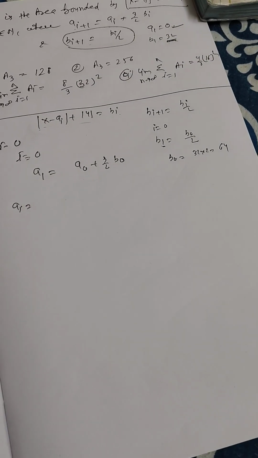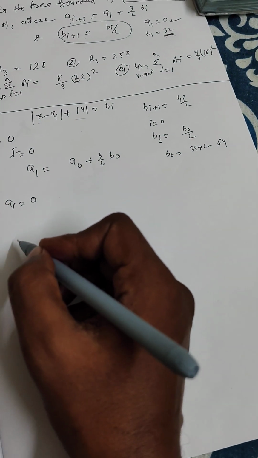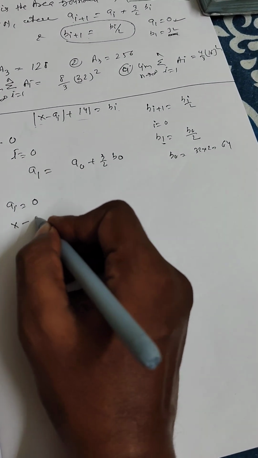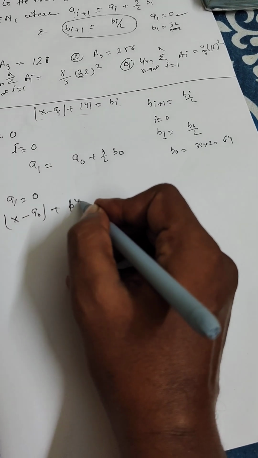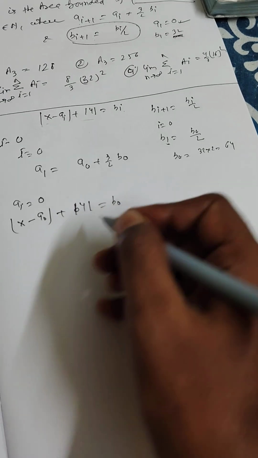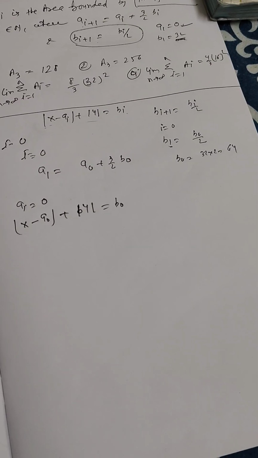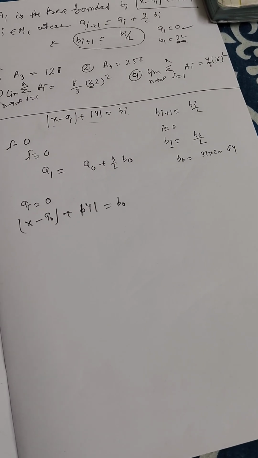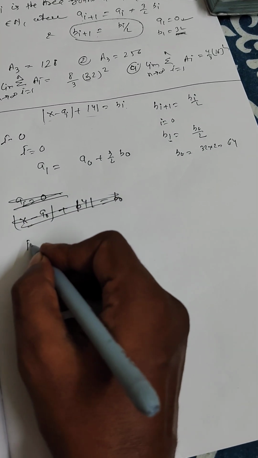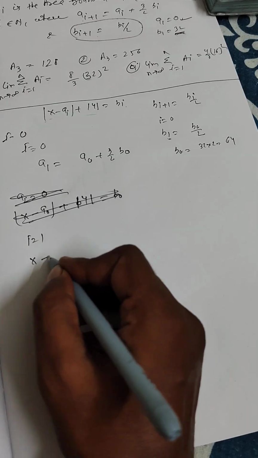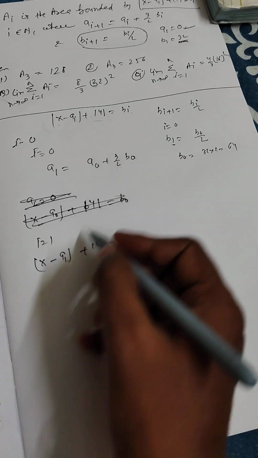Put i = 0. So what comes? |x − a0| + |y| = b0. Otherwise, put i = 1: |x − a1| + |y| = b1. What is a1 given? 0.